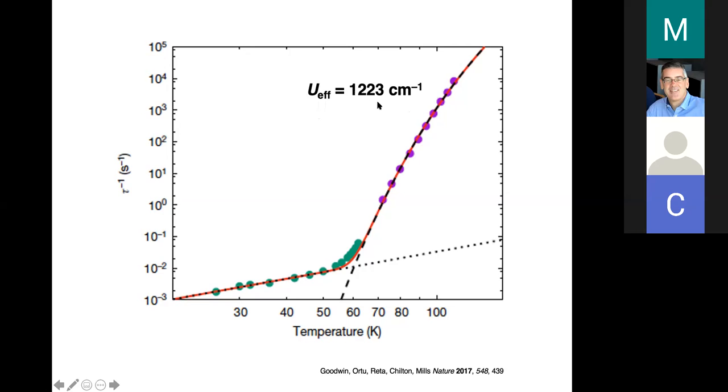So about 1,200 wavenumbers in this really low coordinate lanthanide coordination geometry. We get a large splitting between the M sub J levels that gives us then this large activation barrier for the relaxation. And then at very low temperatures, you don't have enough thermal energy to go over that barrier. And the only relaxation pathway that you see then is tunneling. And so here, this is due to tunneling through the barrier.